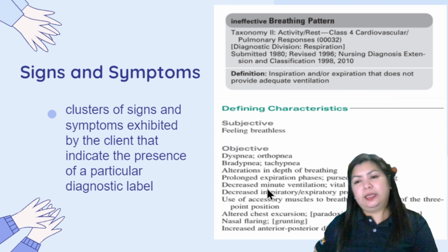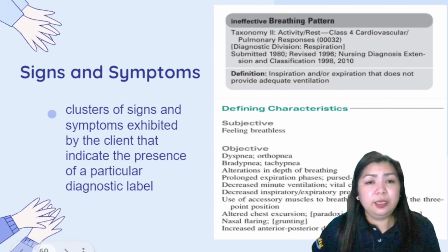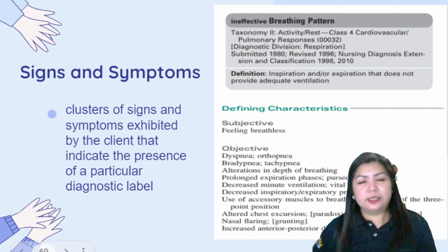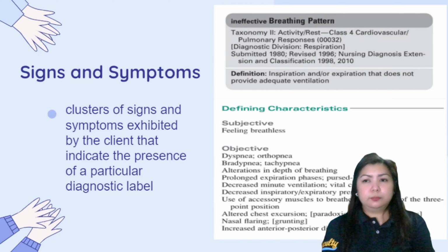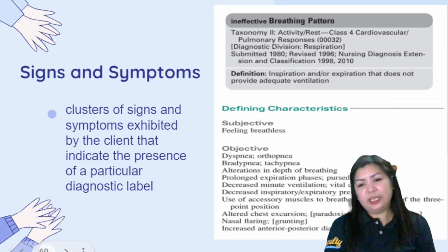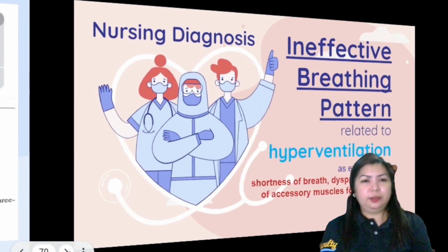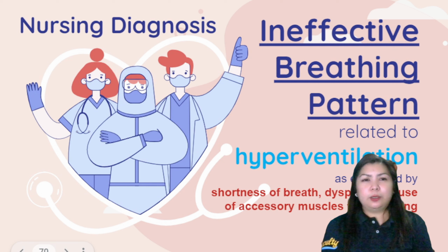So at least there should be 3 of this objective data found on the first column of your nursing care plan, which is your assessment. So basically that's your 3-part statement on writing your nursing diagnosis: problem, etiology, and signs and symptoms. Overall, considering the components of your nursing diagnosis that we itemized, we follow this template for writing your nursing care plan.